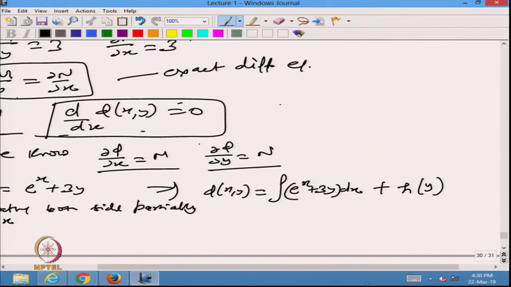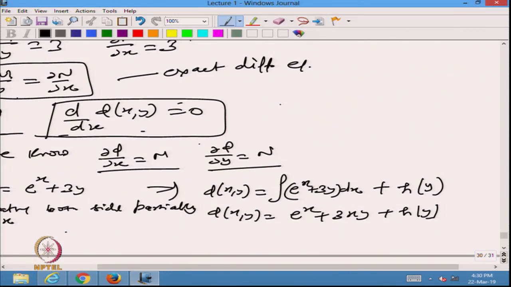If I differentiate this partially with respect to x, this will cancel out. So, doing the integration partially with respect to x, it will be e^x plus 3xy plus h(y). That is given to me now.